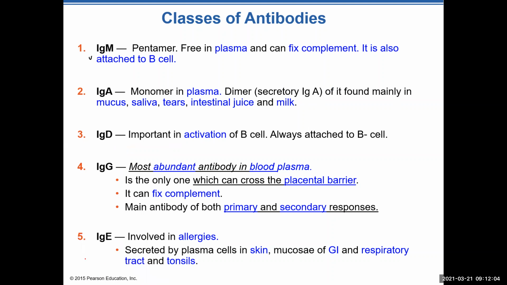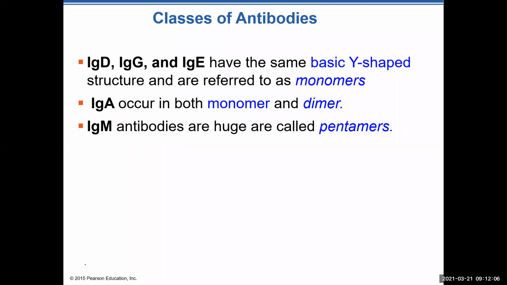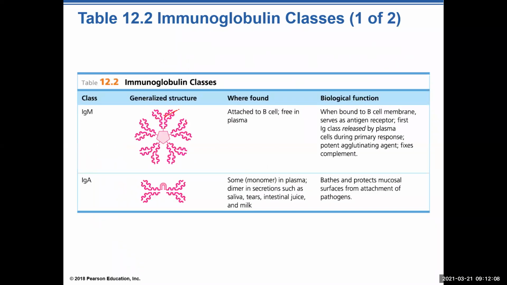So what is IgM? IgM is a pentamer, as you can see here. 1, 2, 3, 4, 5 antibodies are together here. It also acts as a monomer, but it is usually found as a pentamer. As a monomer, it's used as an antigen receptor.